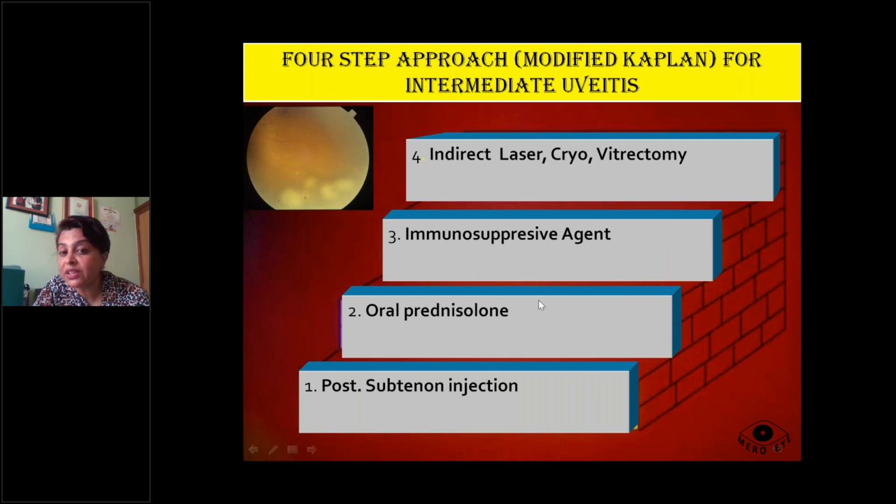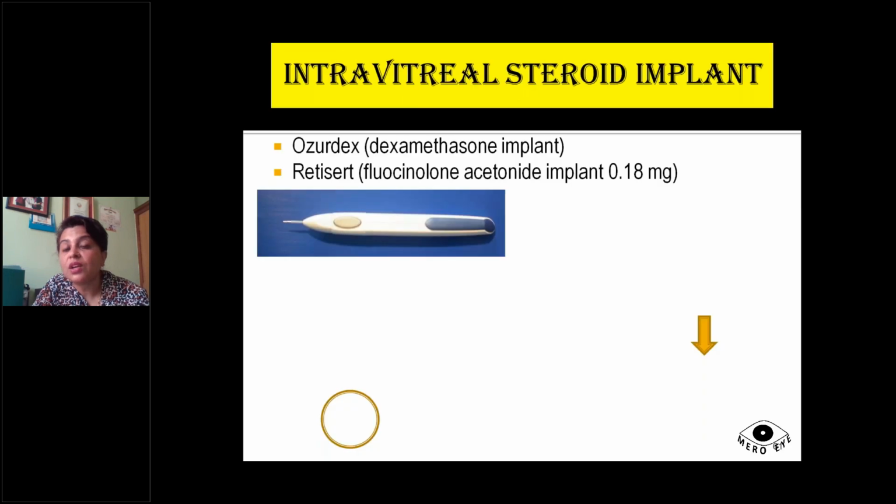But we have to be careful that this intermediate uveitis is not because of tuberculosis or with an infective etiology before starting the immunosuppressive agents.